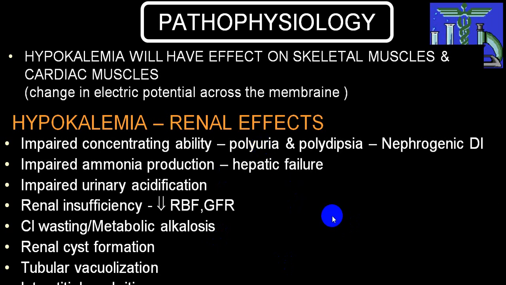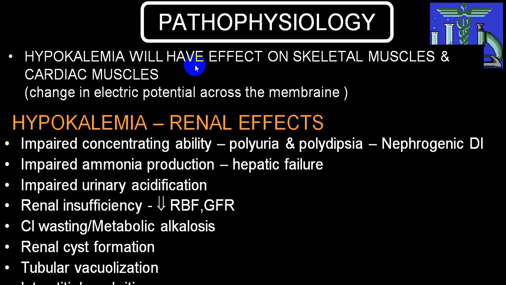The major pathophysiology will be because of renal loss or non-renal losses. And then comes cellular shift, where potassium is shifted inside the cell, so extracellular potassium becomes less. That is another very common mechanism which produces hypokalemia.